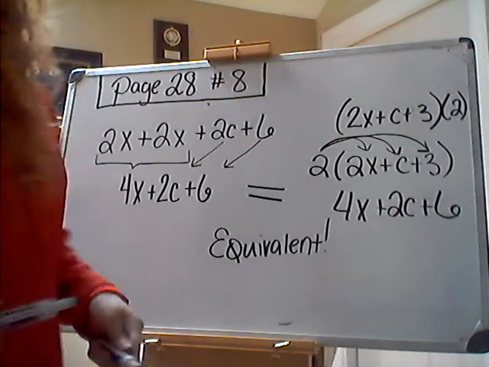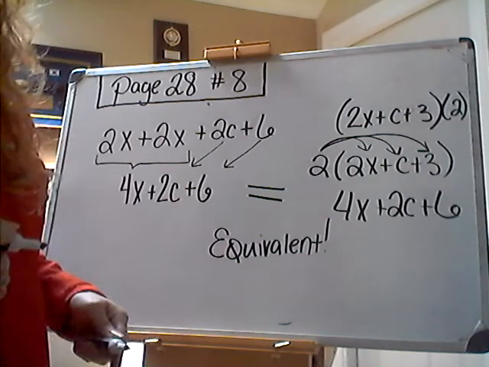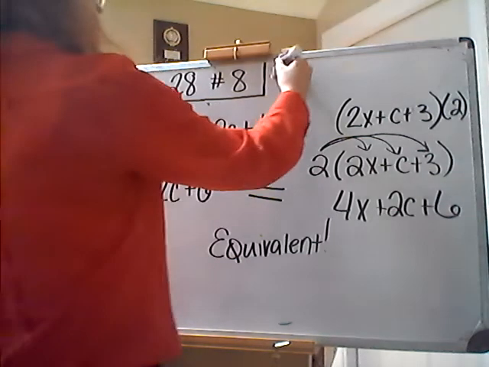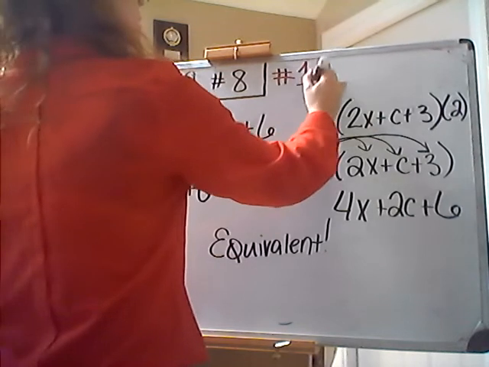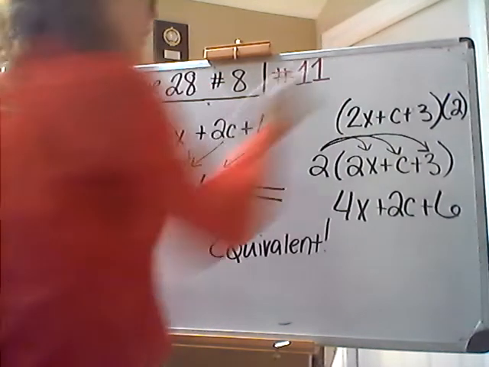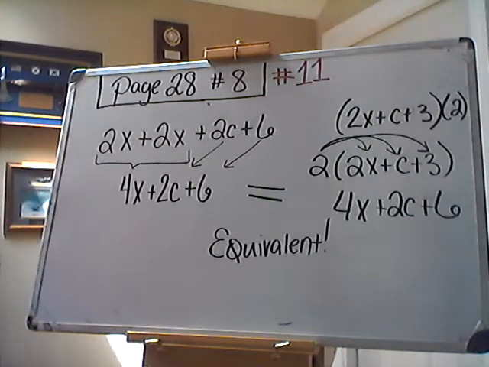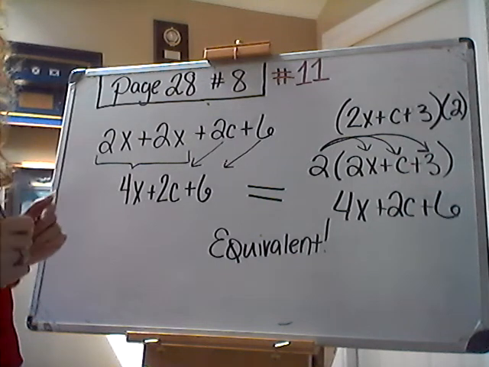Now, we're also going to do number 11. I'm not going to erase the board though, because number 11 asks, how can you check your answer to problem 8 by choosing values for the variables?